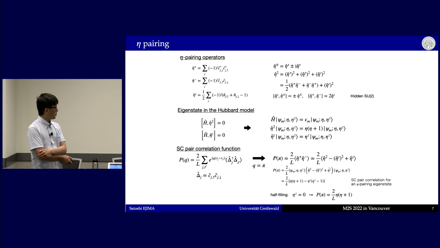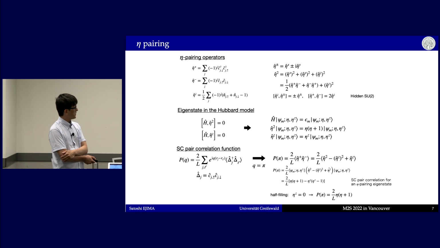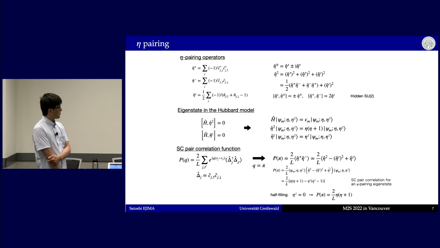Let me show some important points for these eta-pairing states. The first three lines show the eta-pairing operators, which are given by annihilation and creation operators and number operators of fermions. These satisfy anti-commutation relations, which indicate SU(2) symmetry.